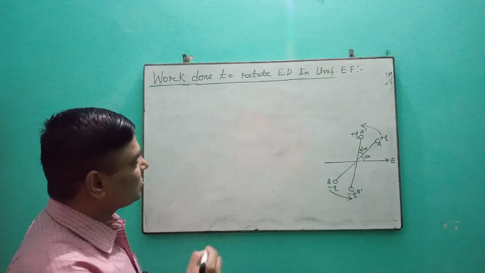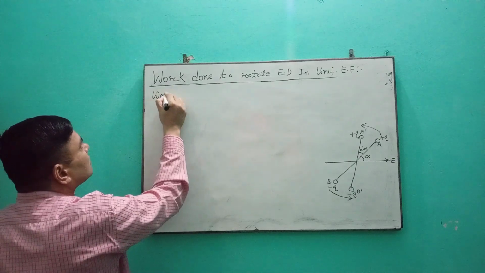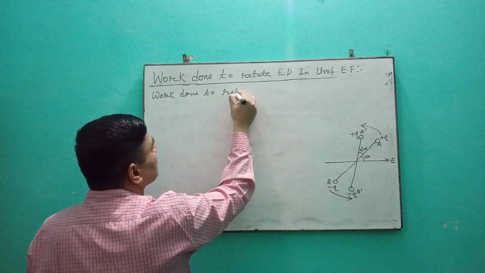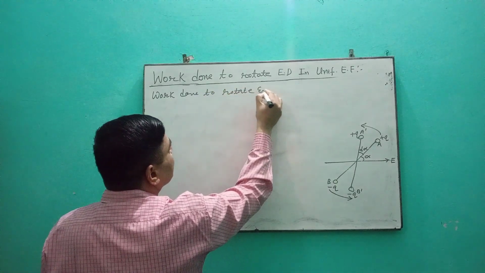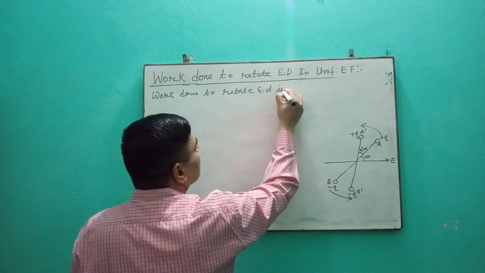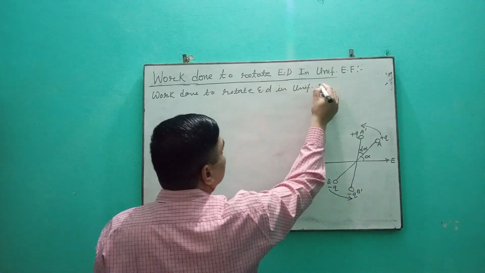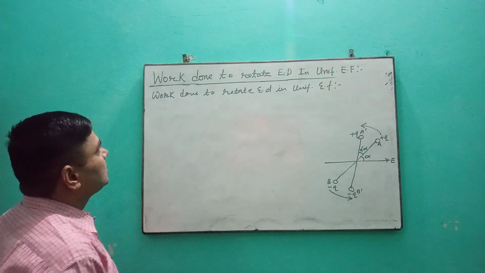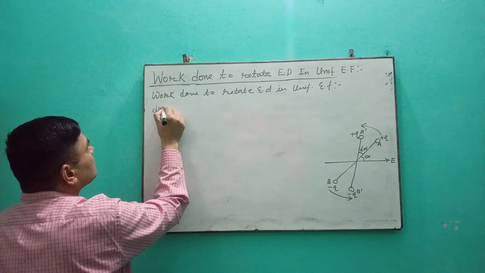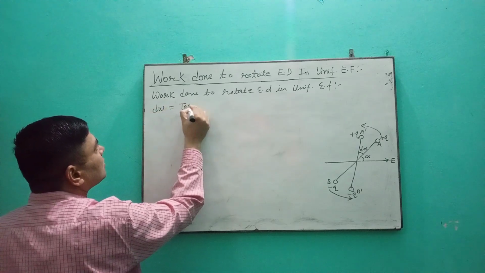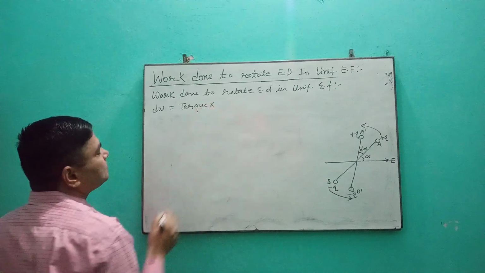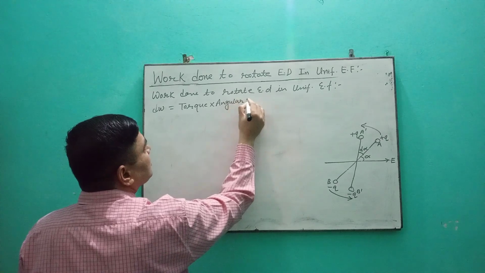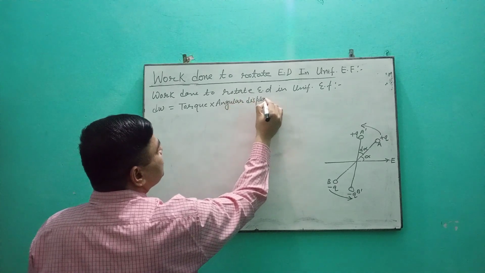So the work done to rotate an electric dipole in a uniform electric field, dW is equal to torque into angular displacement.